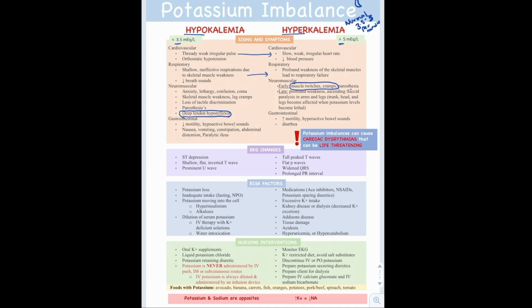Gastrointestinally, for hypokalemia, we're going to see decreased motility, hypoactive bowel sounds, nausea, vomiting, constipation, abdominal distension, and paralytic ileus. For hyperkalemia, we're seeing increased motility, hyperactive bowel sounds, and diarrhea. Here is big difference number one.